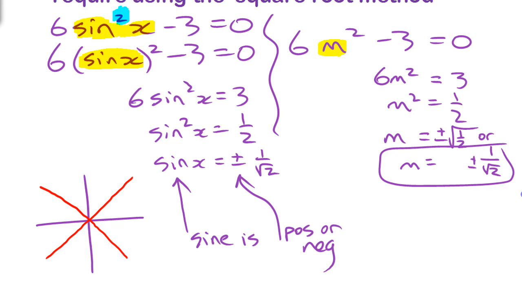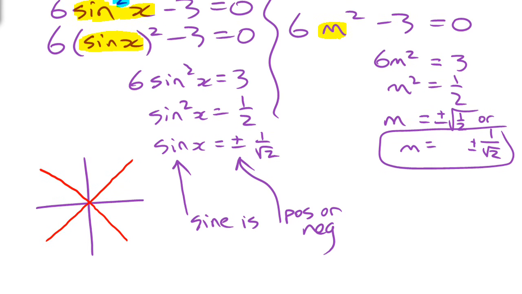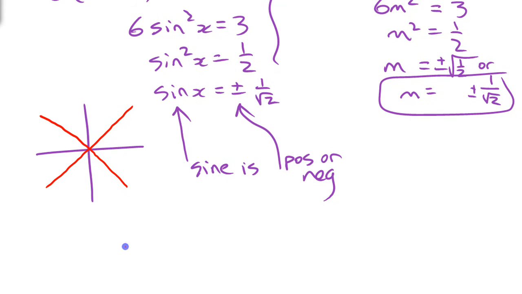All right, so you'd go through and find all those angles. 1 over root 2 is one of those special angles, and you're going to recognize its reference angle. It is the reference angle, which is the first solution itself, and you can use that to find the other 3.